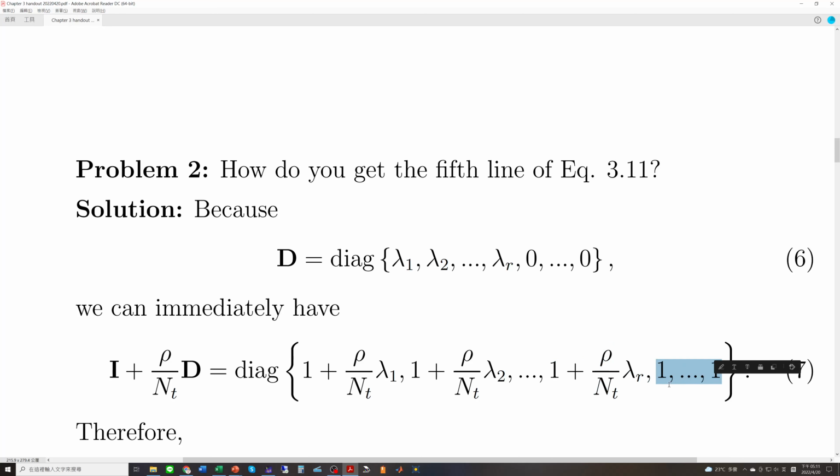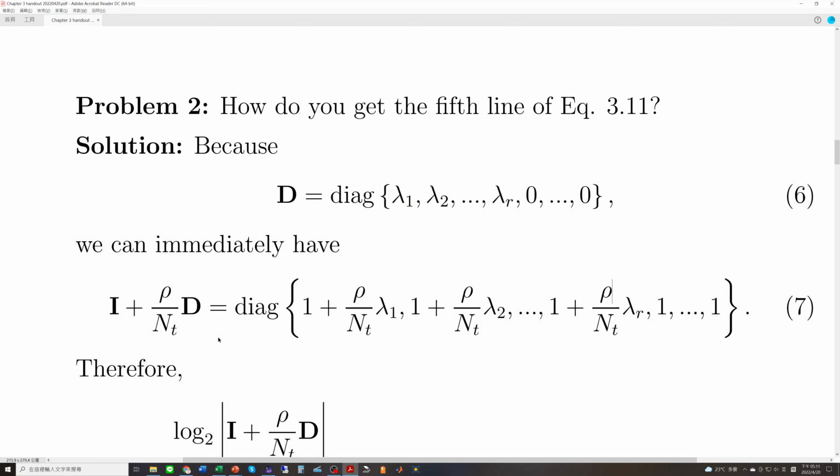The number of ones here is equal to nr minus r. I think it is very easy to see this. If you do not know why this equality holds, you can ask me.